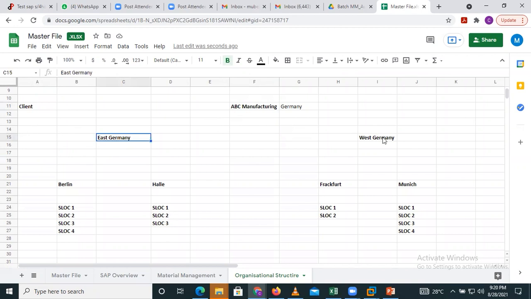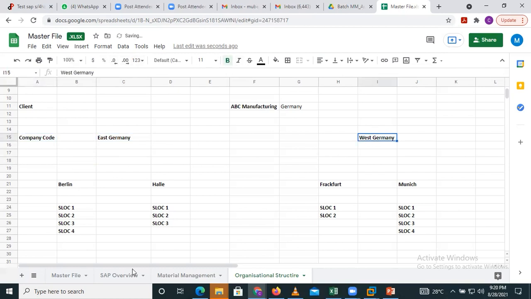Now ABC Manufacturing has two subsidiaries. One is in East Germany, one is in West Germany. I want a separate balance sheet for East Germany and a separate balance sheet for West Germany. So East Germany will be one company code and West Germany will be one company code. These are my company codes: company code 1, company code 2.